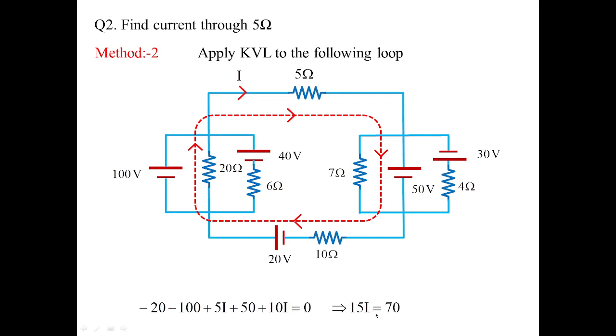With this, I get 15i equal to 70, and therefore I is equal to 4.66 amperes. So you can see I have applied mesh analysis to obtain the solution for this circuit, and this is the same answer we got using Thevenin's theorem.